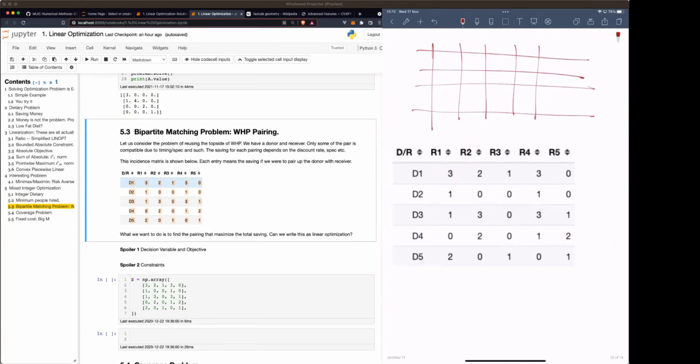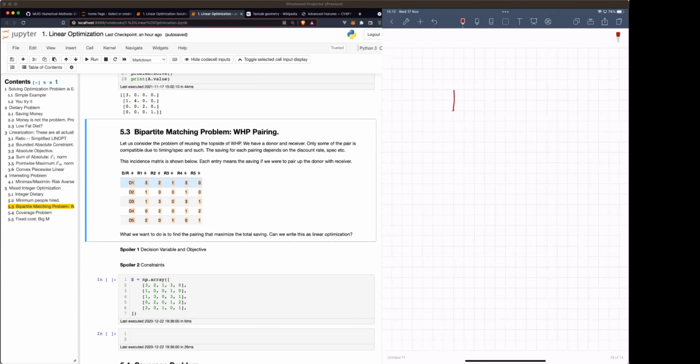So we're going to make a 5 by 5 grid. To do this, I want to know which one I circle, so I'm going to put 1 if I circle and 0 if I don't.